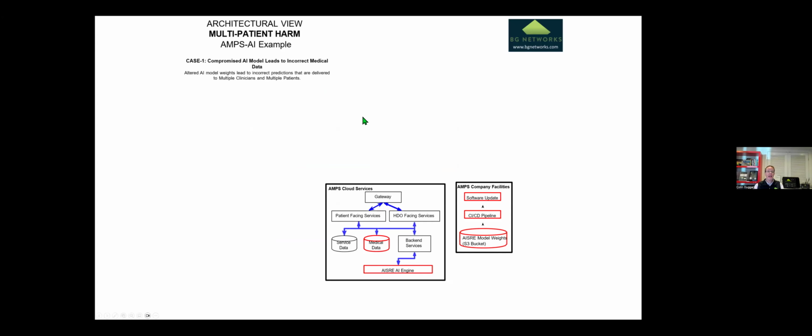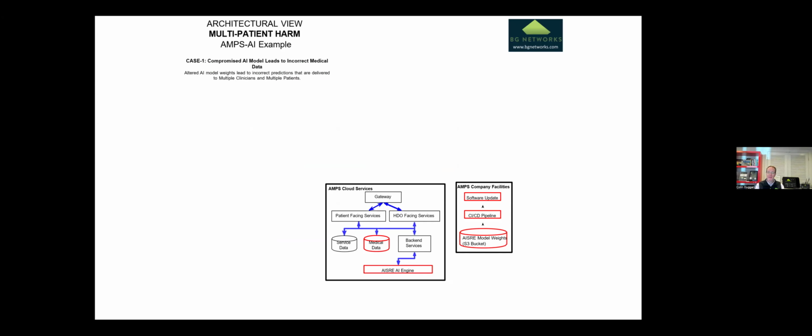And in this case, we're showing a particular possible case of compromise where the AI model is having its weights modified. This is called poisoning.